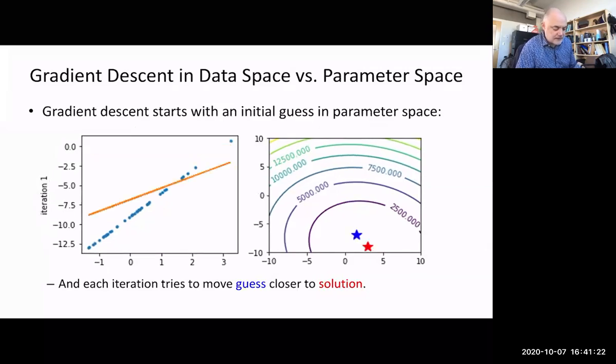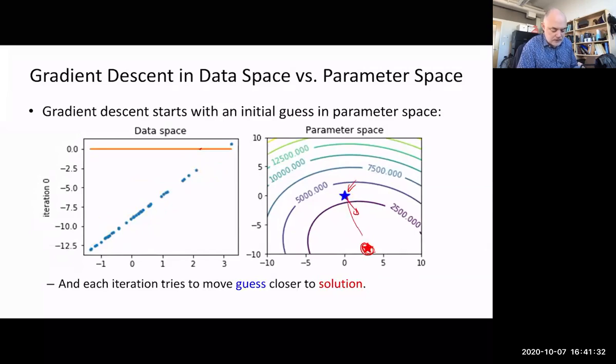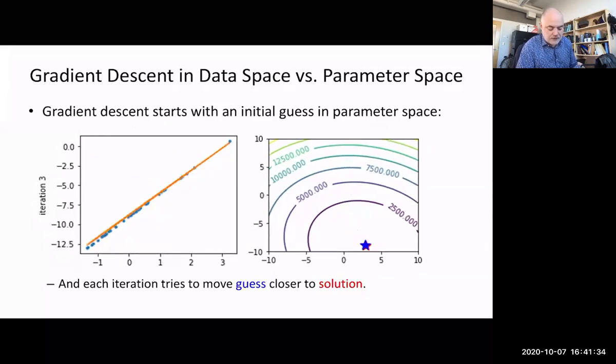So here's the second guess. This is what it looked like in data space. This is what it looks like in the optimization surface space. Here's another guess, and there's another guess. And that's what's happening. So we're moving around in this objective function space, right? And the corresponding thing is happening over here where this line is getting closer and closer to a good fit, right? To something that minimizes the sum of squared errors.